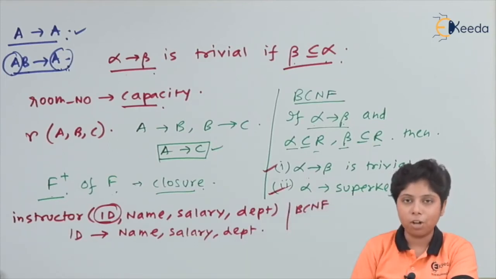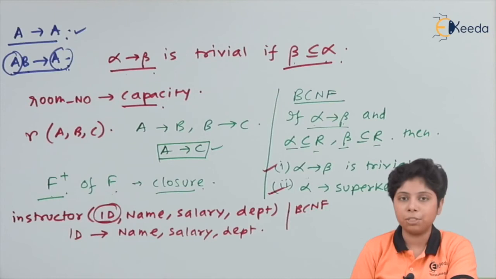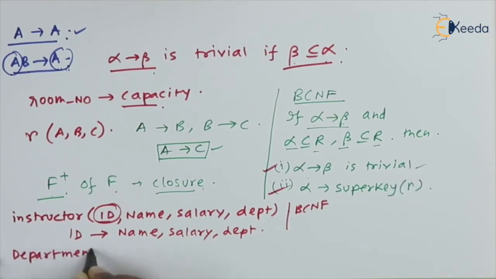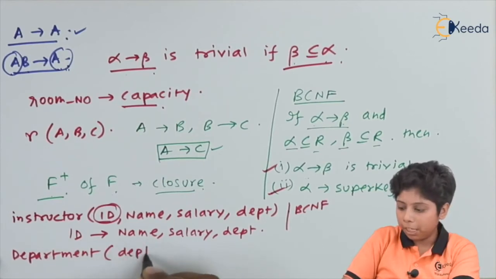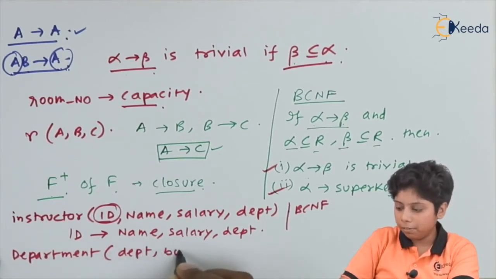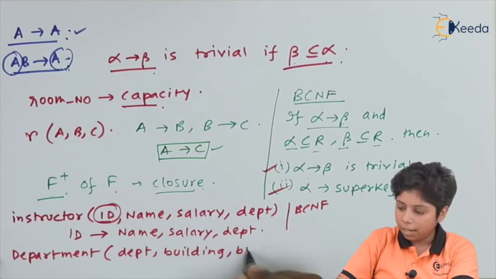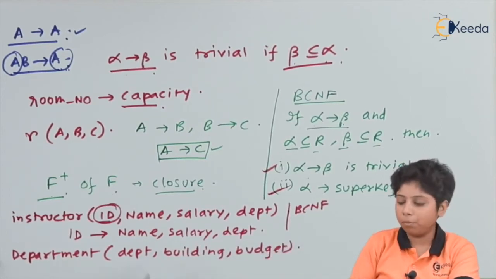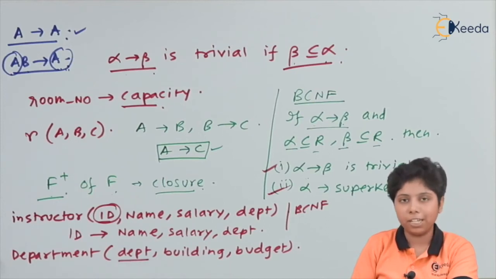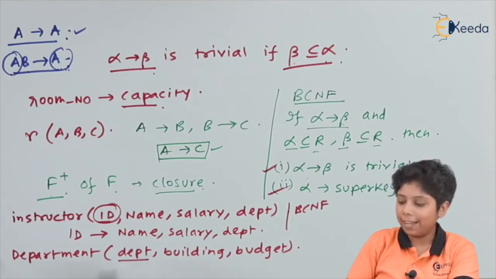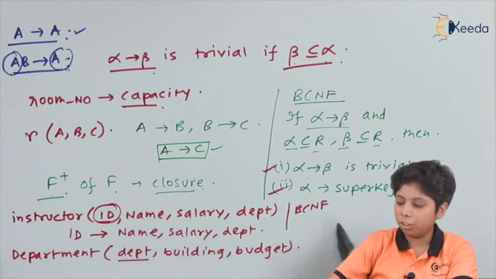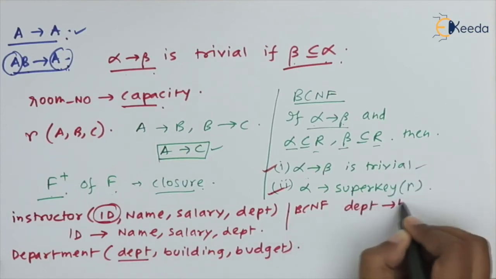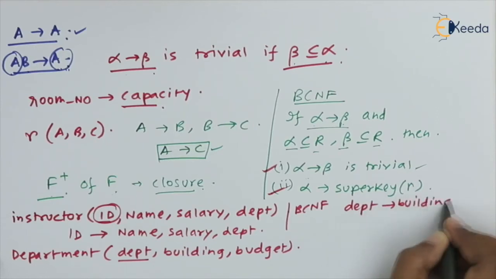Now for the second one, I am dividing it into a department relation, and the department relation has the department name, the building, and the budget. If I again take the department name as the primary key, then we can say that the department name uniquely identifies the building and budget.